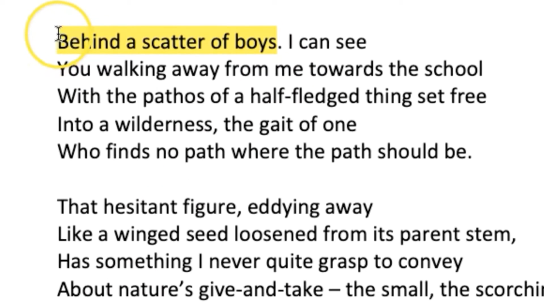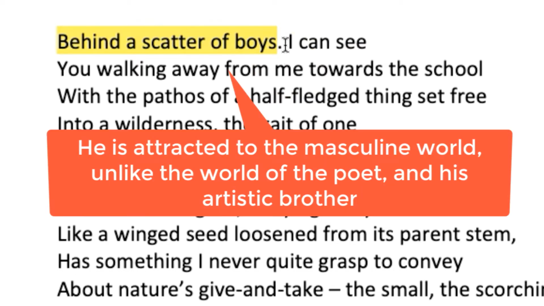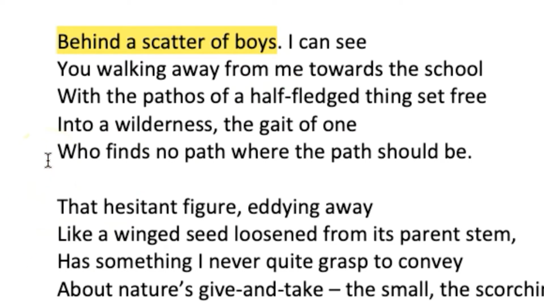We might also focus on the word behind, suggesting that his son has been easily led away by other boys. I would use this again to suggest that this is the son who has become an engineer, somebody archetypally masculine, interested in masculine things, unlike the father who is a poet, and the other son who has become a writer.